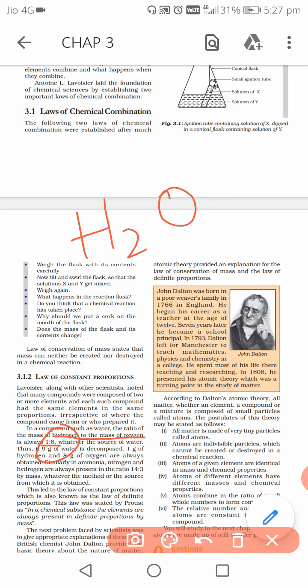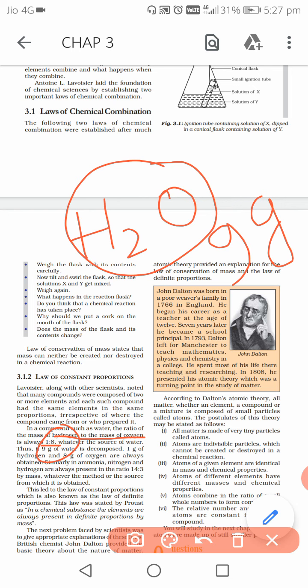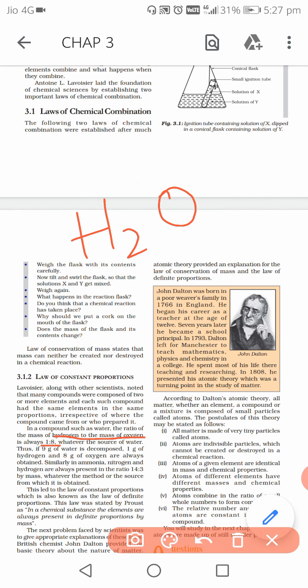Suppose we take 9 gram of water. In this 9 gram of water, 1 gram will be hydrogen and 8 gram will be oxygen. So the ratio certainly comes as 1:8.